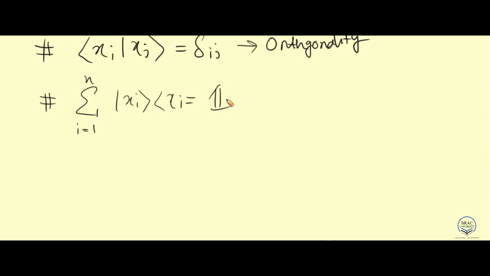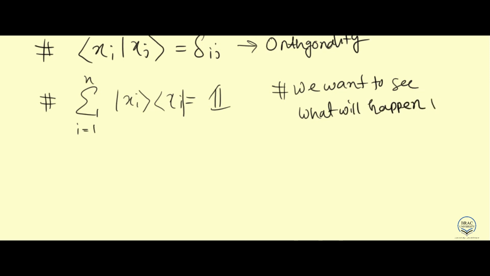This is the n cross n identity matrix, and we want to see what will happen when n goes to infinity. So let me just write it down. We want to see what will happen when n goes to infinity, and this will be our infinite dimensional case.